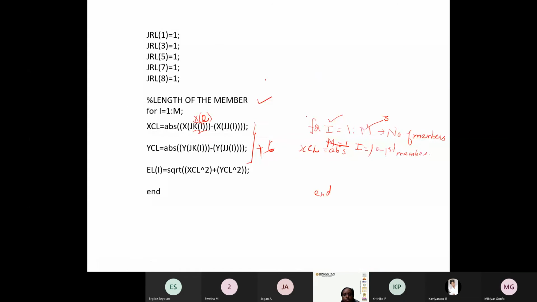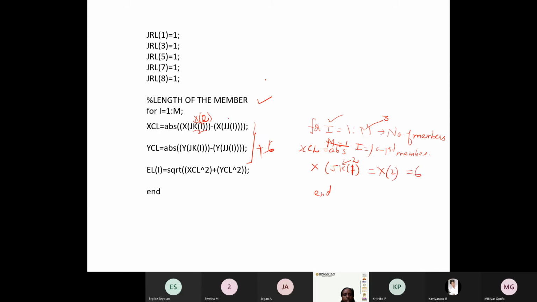So I'll write here, jk of I, I has become now 1, and jk of 1 is equal to 2, is equal to x of 2.